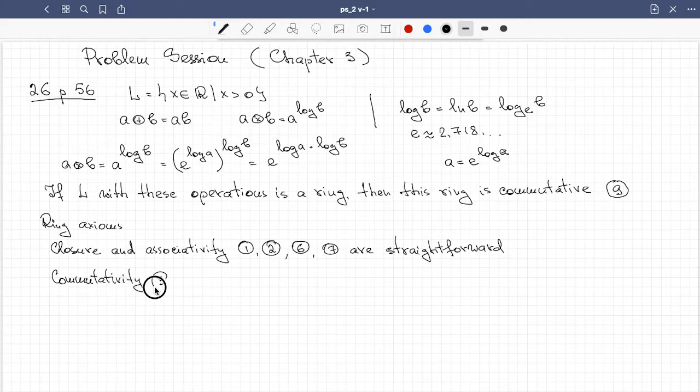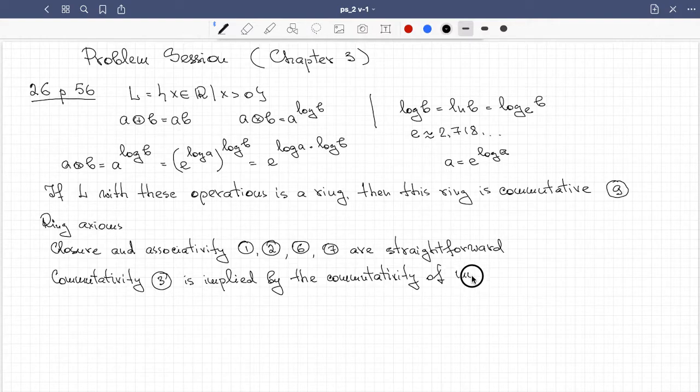Look, whether B plus A with this circle plus is equal to A plus B. Yes, of course, because the products AB and BA of real numbers are the same, so it is implied by the commutativity of multiplication of real numbers.